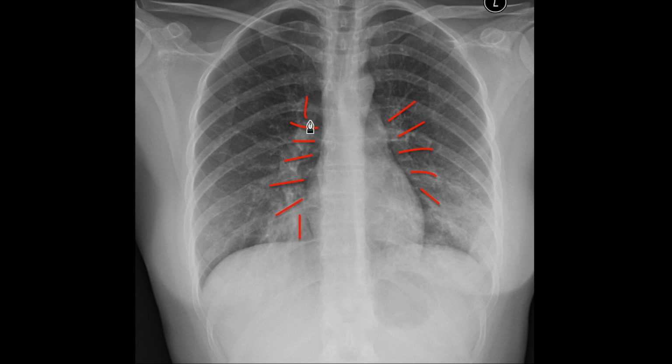Now, if you don't know what the hilum is, just a little bit of anatomy: the hilum is where you have the pulmonary artery, the pulmonary vein, the right primary bronchus and left primary bronchus, depending on which lung you're talking about, your lymphatics, and even some nerves going in and out of the lungs. So right around this area is your perihilar region.